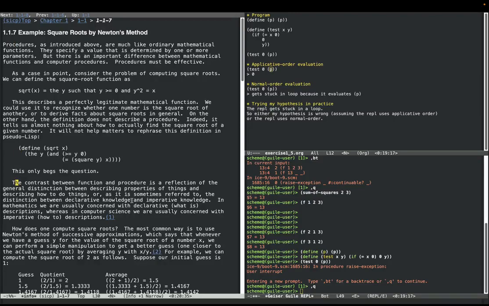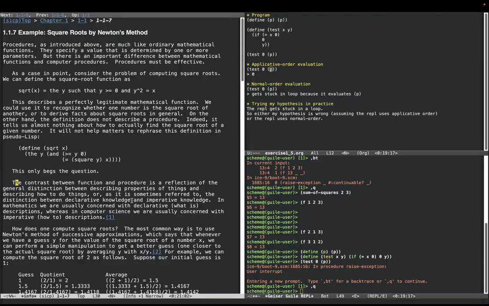The contrast between function and procedure is a reflection of the general distinction between describing properties of things and describing how to do things, or as it is sometimes referred to, the distinction between declarative knowledge and imperative knowledge. In mathematics, we are usually concerned with declarative, what-is descriptions, whereas in computer science, we are usually concerned with imperative, how-to descriptions.